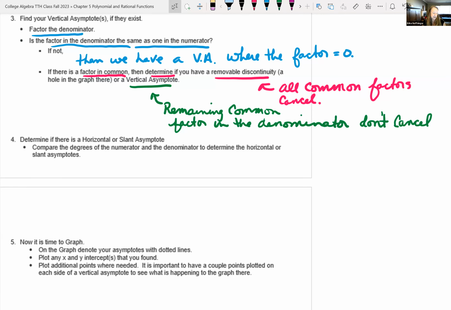The best thing to do is start to graph your asymptotes by denoting them with a dotted line. Plot any x and y intercepts that you found. And then we're probably going to have to plot a couple additional points, a couple on each side of a vertical asymptote so we can see what's happening to the graph around our vertical asymptote.